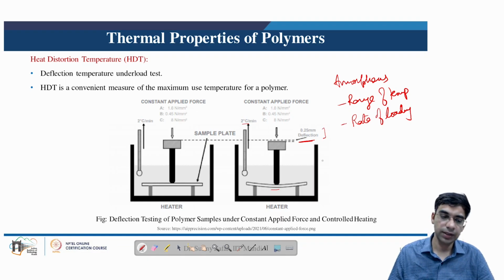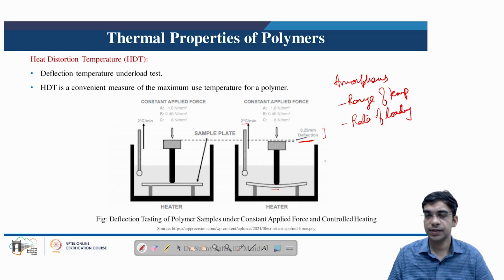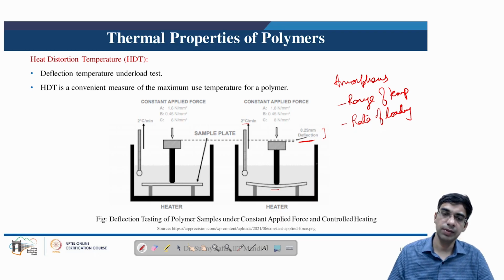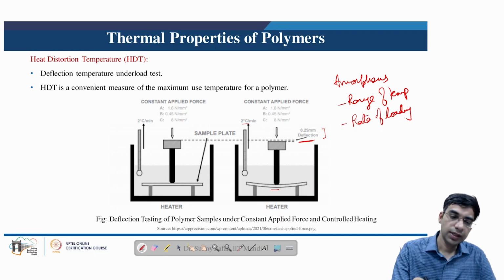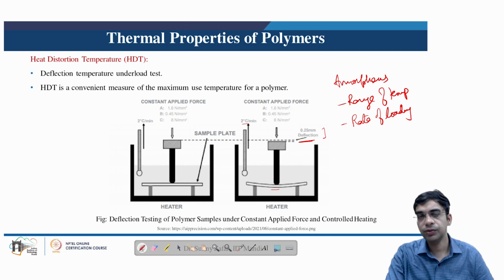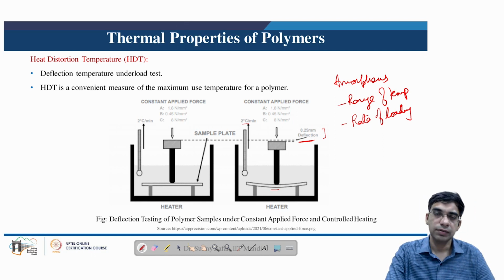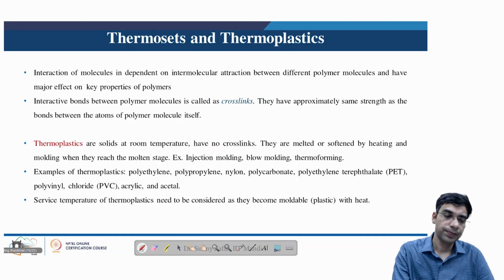So that particular temperature becomes the heat distortion temperature, and that basically gives an end limit of the service temperature of that particular sample, be it a polymer sample or a composite sample based on similar polymers. So this estimation of temperature is also important from the service conditions point of view. The glass transition temperature is important from the manufacturing process selection point of view.